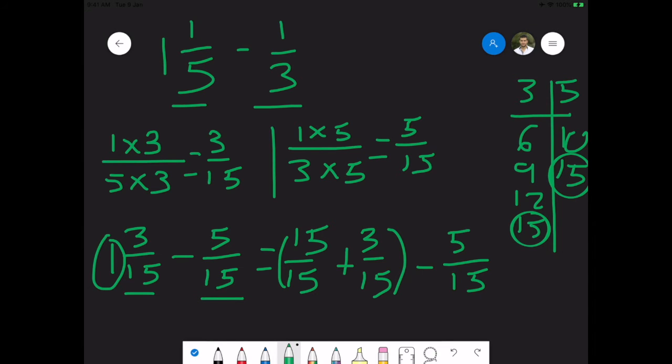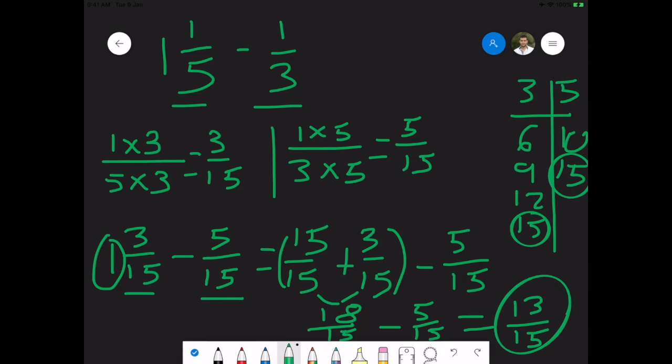So what does this become? This becomes 18 out of 15 minus 5 out of 15, and we have 13 out of 15, and this will be our final answer. So what did we do? We noticed that 3 was smaller than this 5 here, so in order to make it bigger, we gave it a whole.